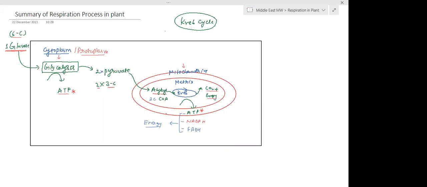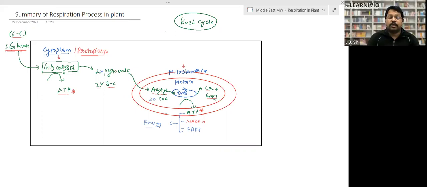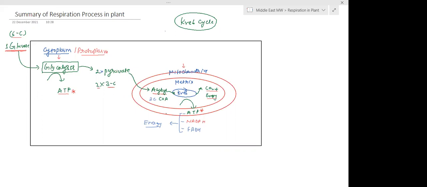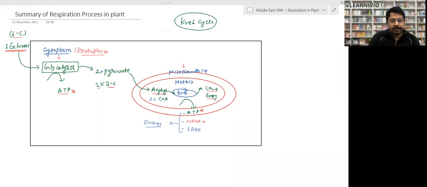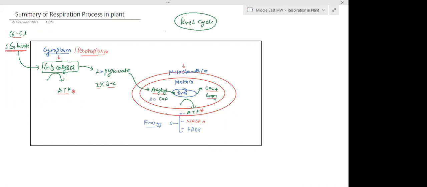Okay, so pyruvate enters the Krebs cycle, and then ATP, NADPH and FADH. Not pyruvate, acetyl. Yes, it turns into acetyl coenzyme A. How does it turn into acetyl?